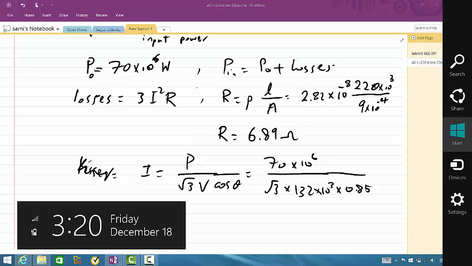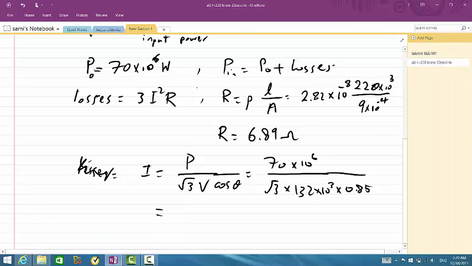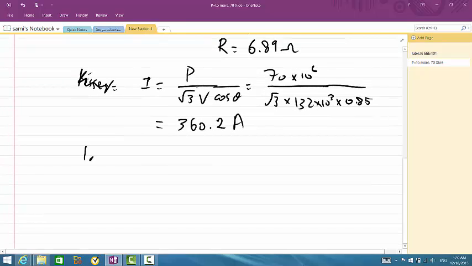So the current will equal about 360.2 ampere.